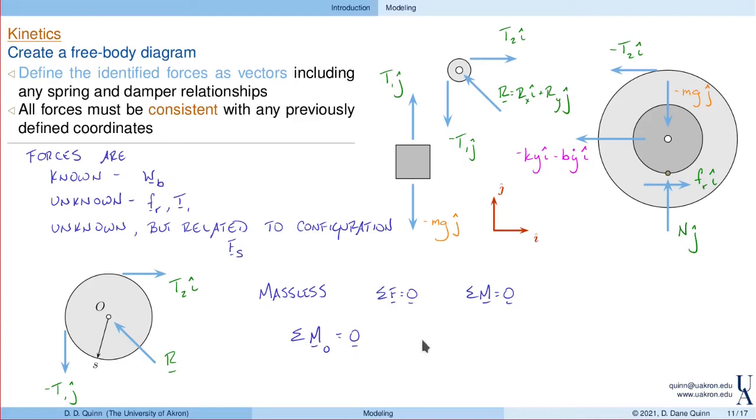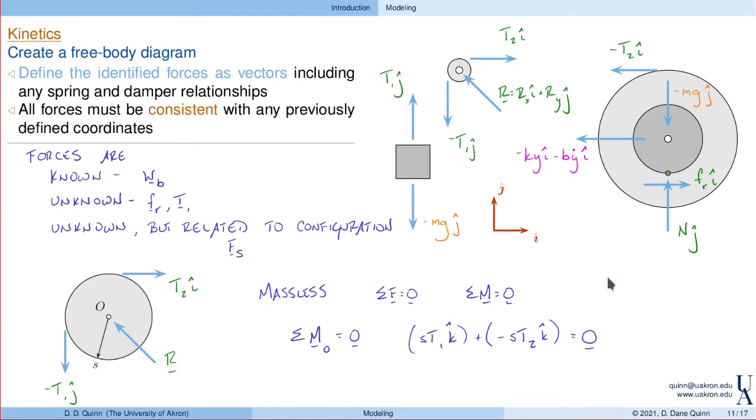Sum of the moments has to be equal to 0, right? So the moment from this force on the right is s times T1 in the k direction. The moment from the force acting at the top is actually minus s times T2 in the k direction, which of course has to be equal to 0.